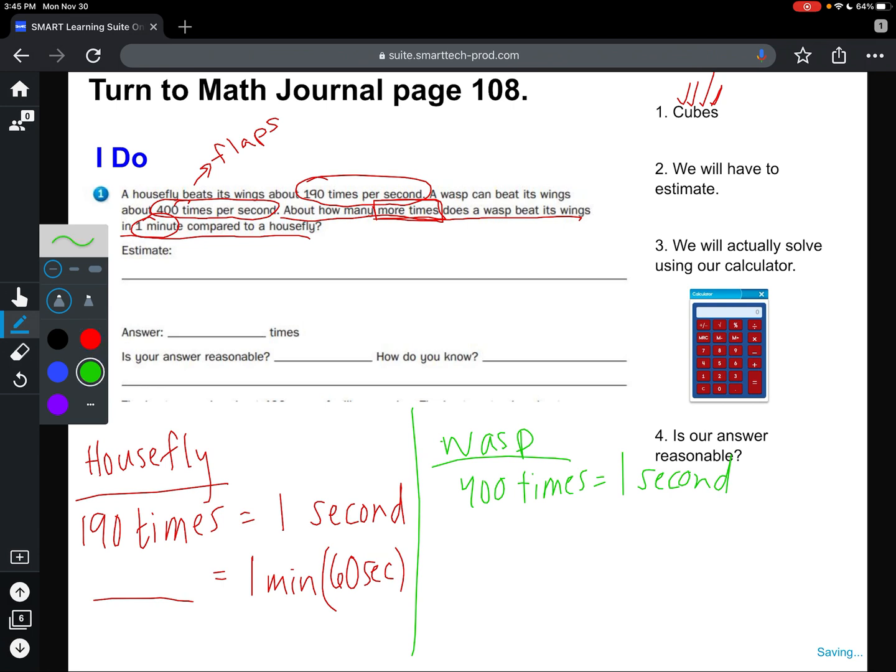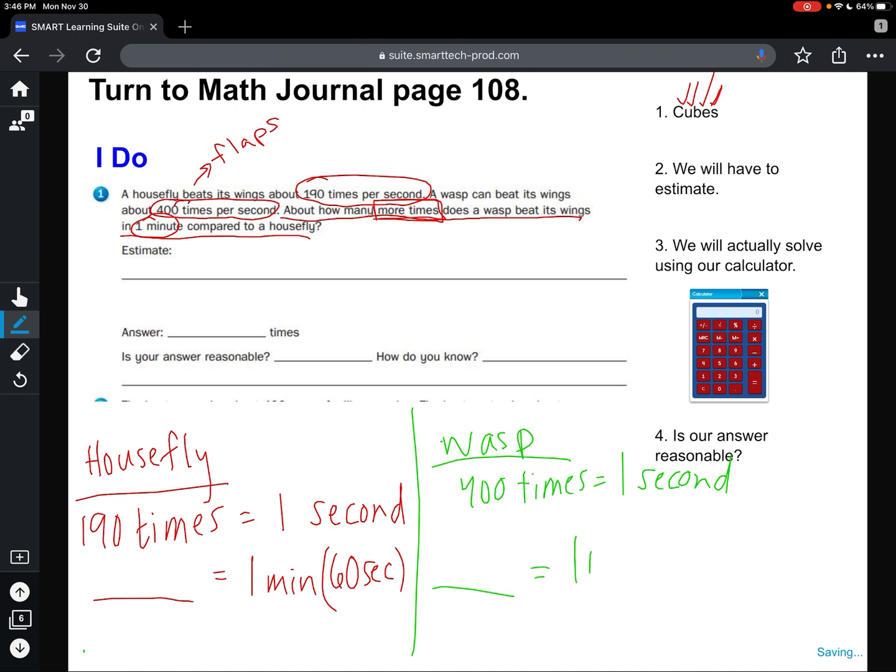So I need to figure out how many times the housefly flaps its wings in 1 minute, 60 seconds, compared to the number of times in 1 minute the wasp flaps its wings. I need both of those pieces of information to be able to tell how many more times a wasp beats its wings compared to a housefly.